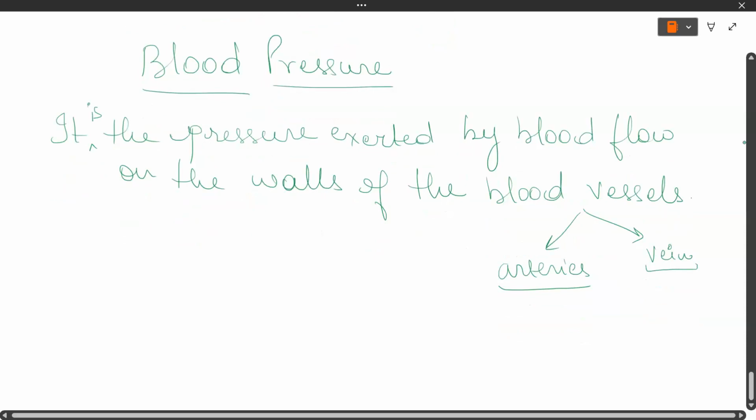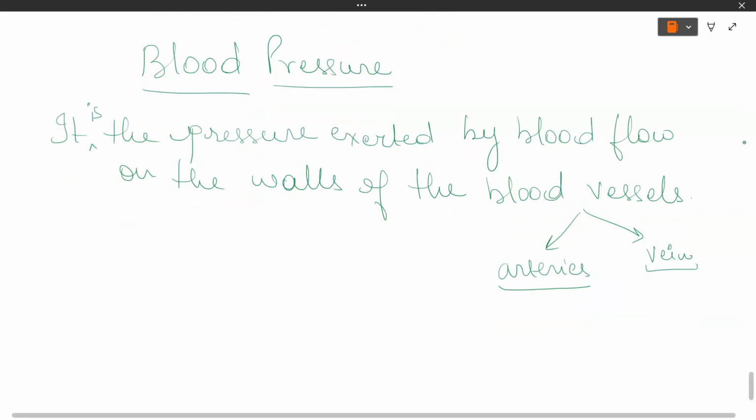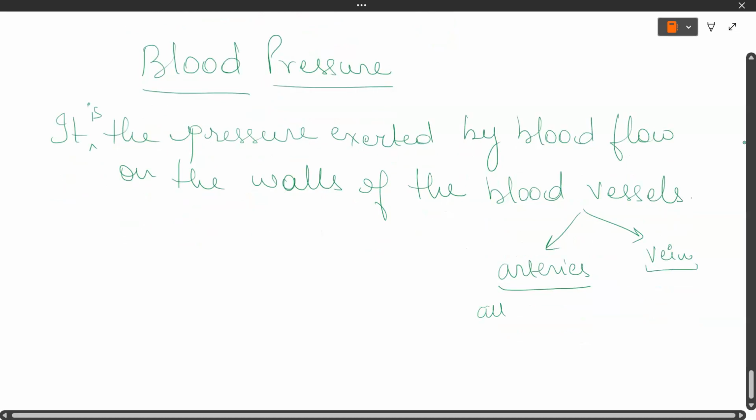Ma'am, arteries have thick walls and veins have thin. Yeah, that's also correct, but I'm saying with respect to the flow of blood, from the heart to various parts.